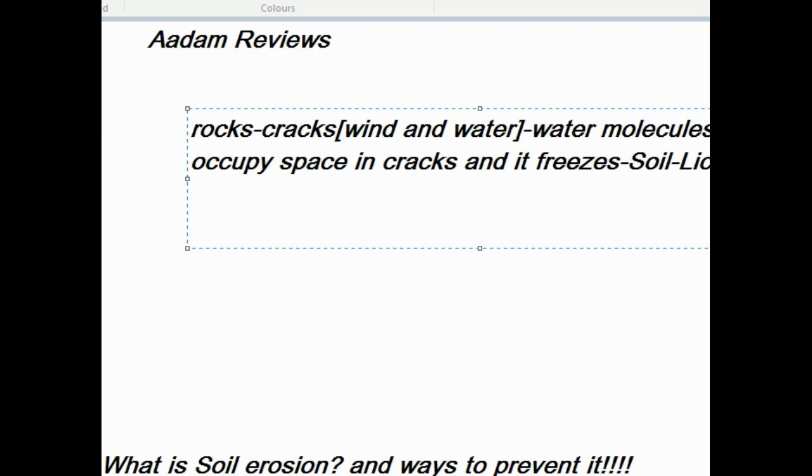Lichens are small plants, and then this gives us our complete soil.